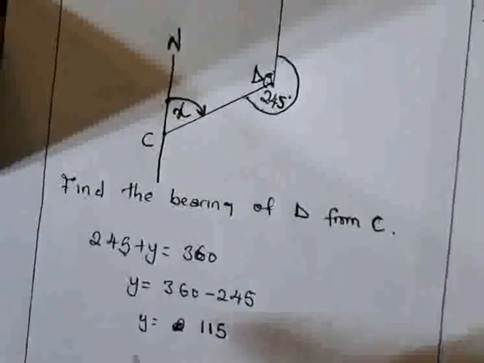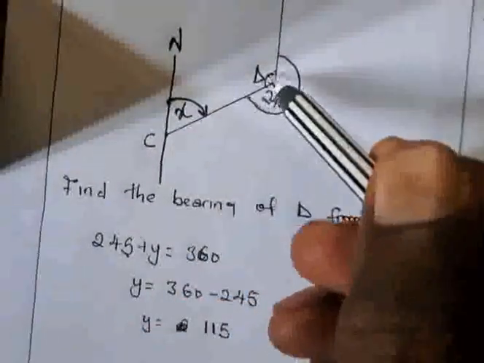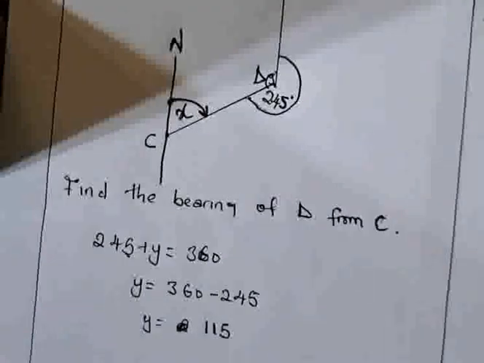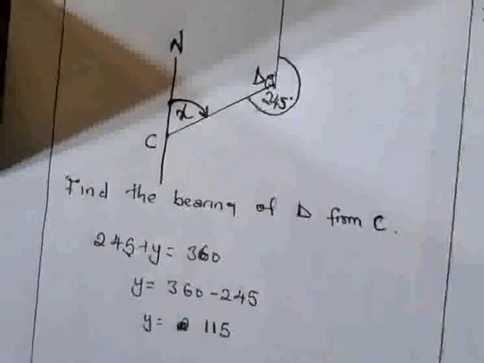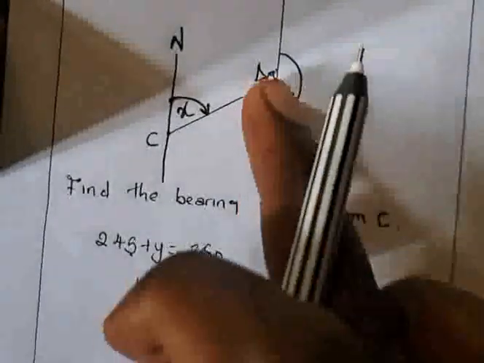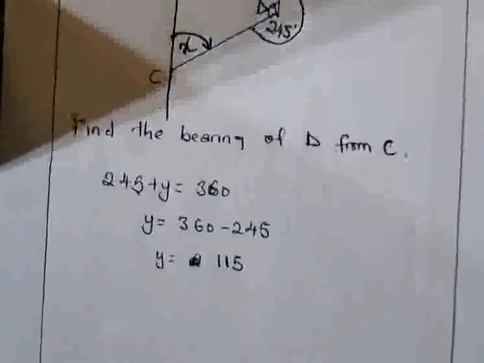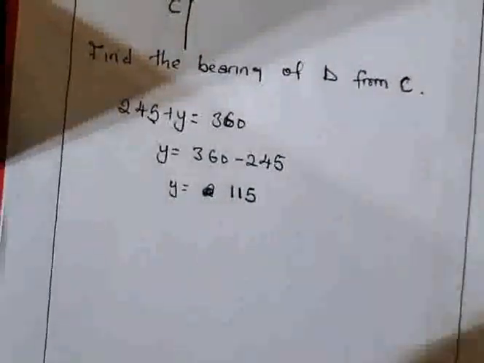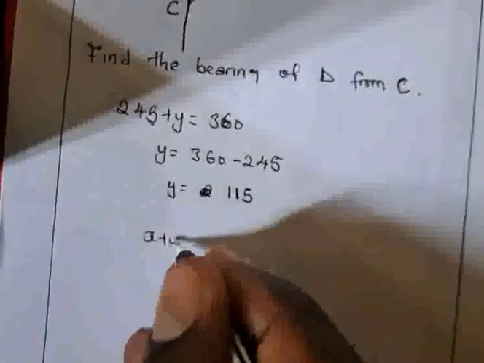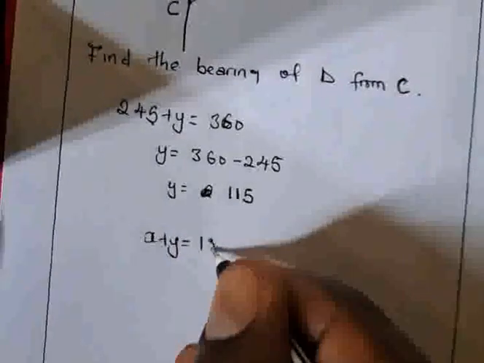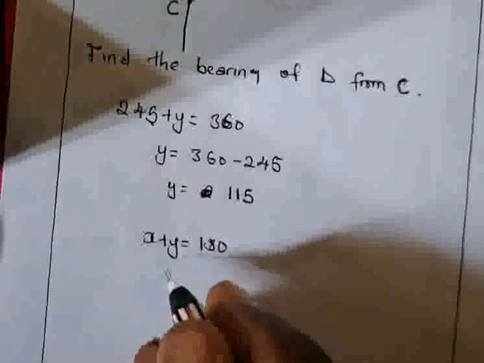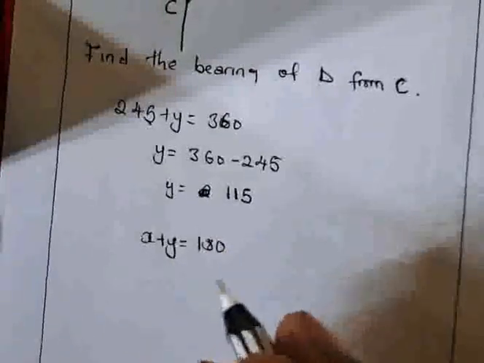Since we have Y, we can now find X, because this one and this one add up to 180, and this one here is 115, as we found. So X plus Y is equal to 180. We don't know what X is, but we know what Y is, isn't it?